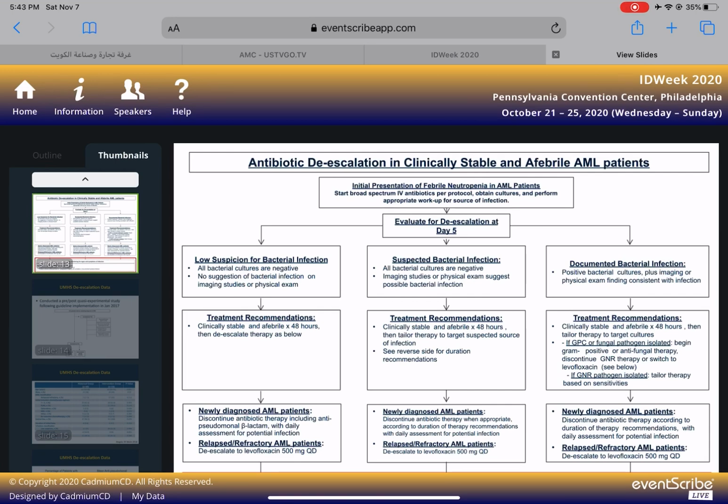And the last part of this flow diagram is probably one of the most important: we just can't de-escalate these patients and walk away. These people are neutropenic. They're profoundly neutropenic for a longer duration, and they are going to be at risk for developing infections.